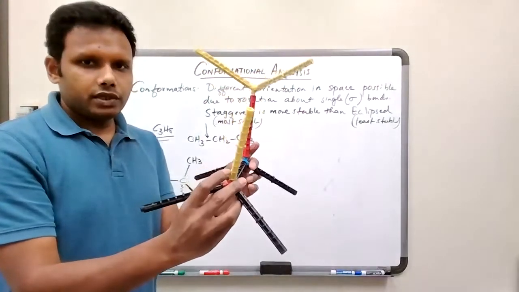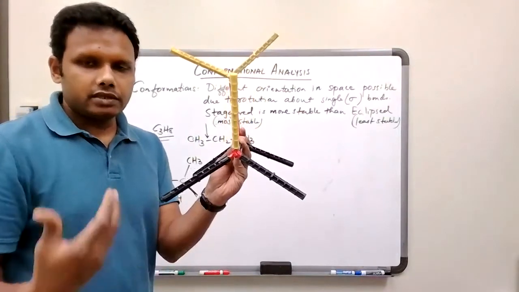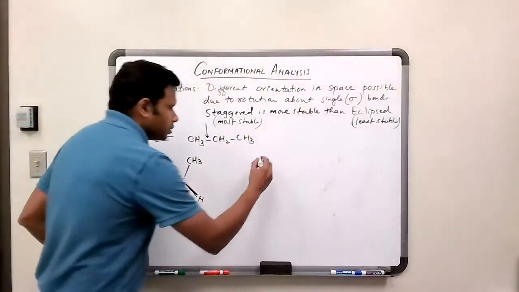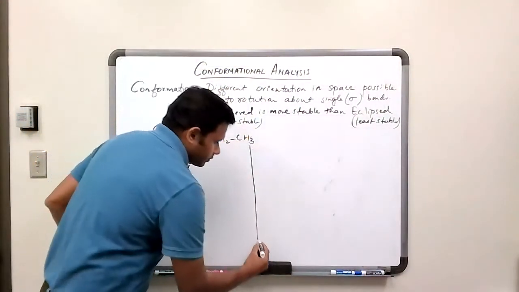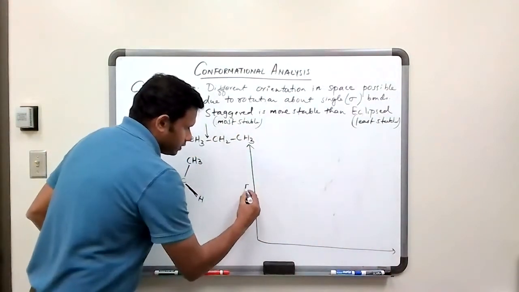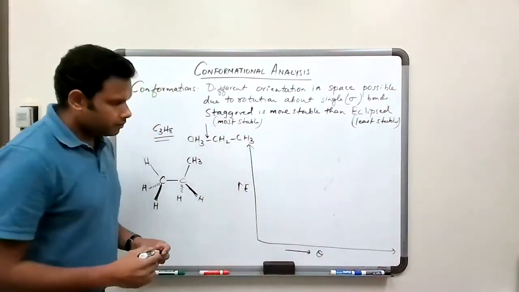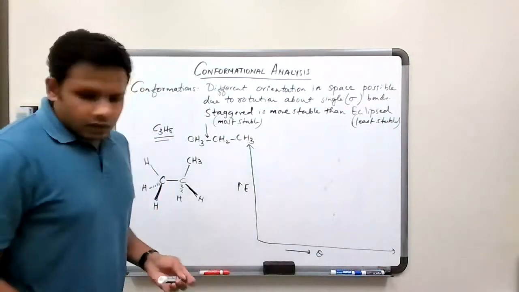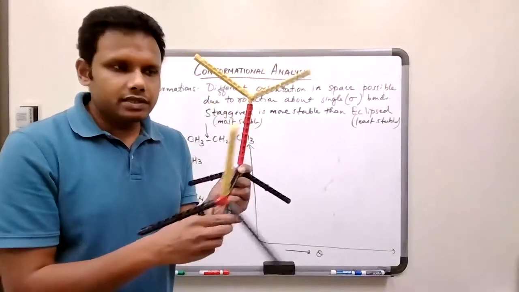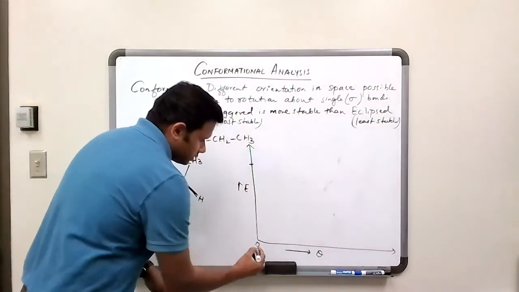Now again, as you can imagine, this eclipsed conformation should not be that stable. And in fact, if we were to do a conformation analysis, energy versus dihedral angle, this eclipsed conformation should be the least stable, and it will have some energy here at 0 degrees.